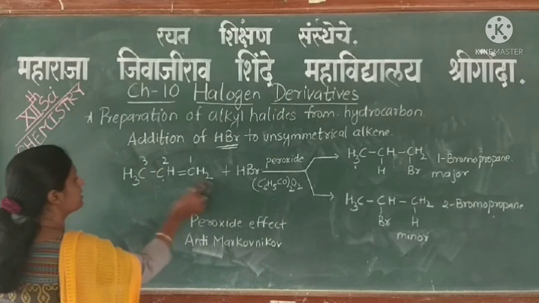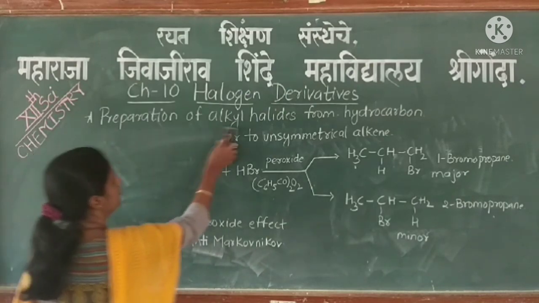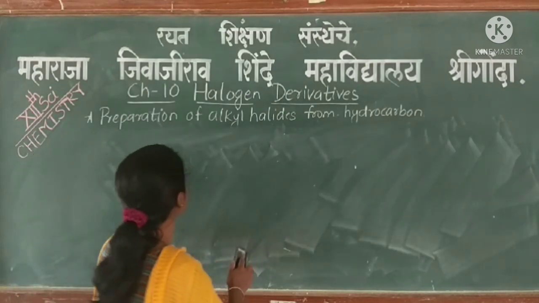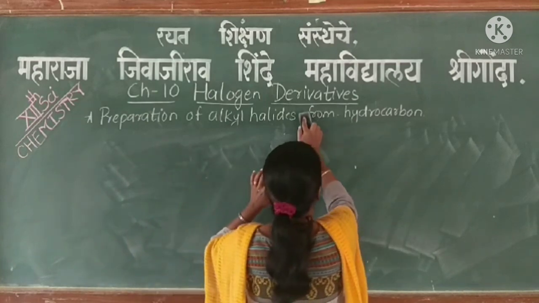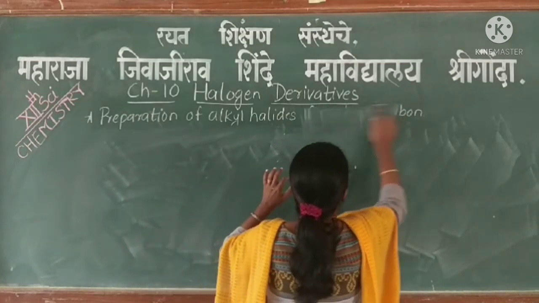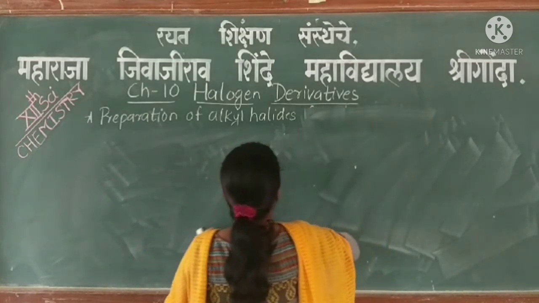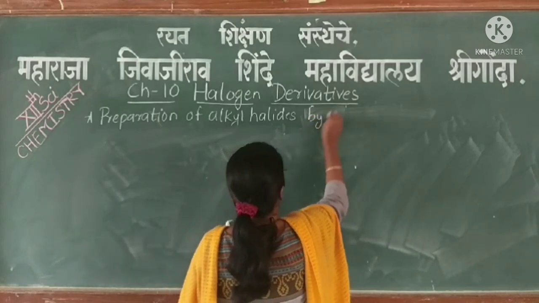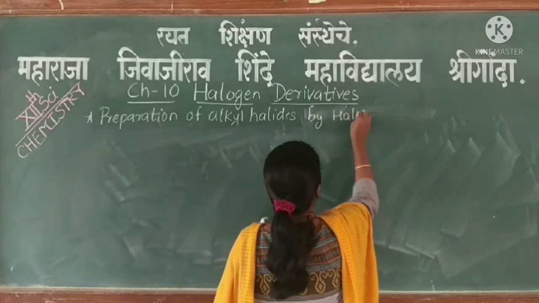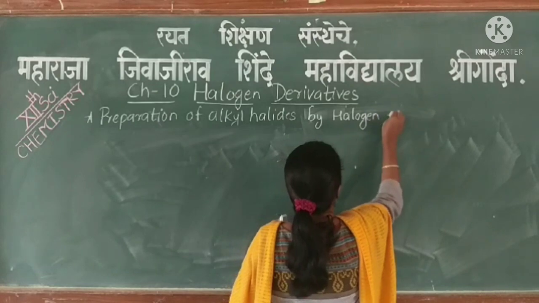Now moving to the next method, the preparation of alkyl halides by halogen exchange.